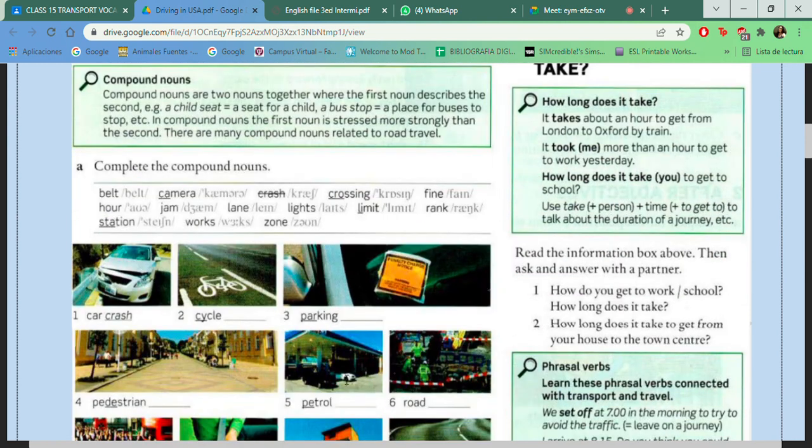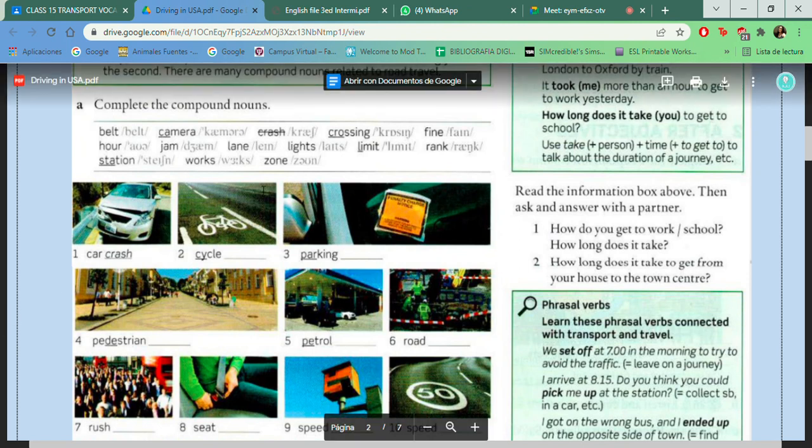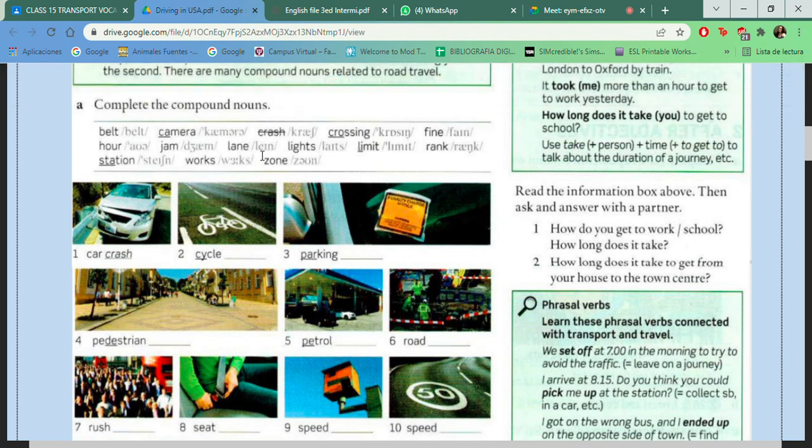Here we have compound nouns about transport, about driving, okay? Let's see if you can guess some of them. For example, the first one is car crash, okay? What we call car crash. Number two, maybe you can guess with the words from the list. The second is cycle lane. You have the phonetic symbols here so you can know how to pronounce it. Here we have lane, for example. Lane. Cycle lane. Good.